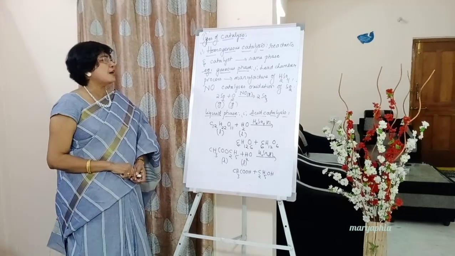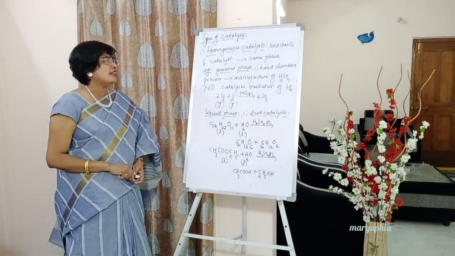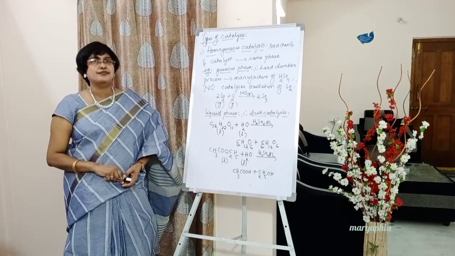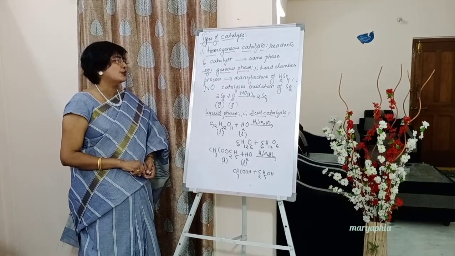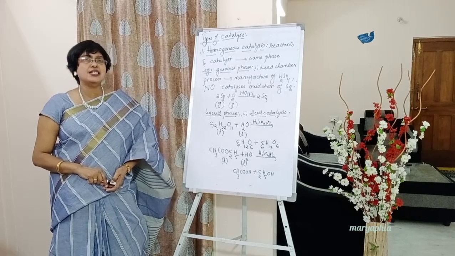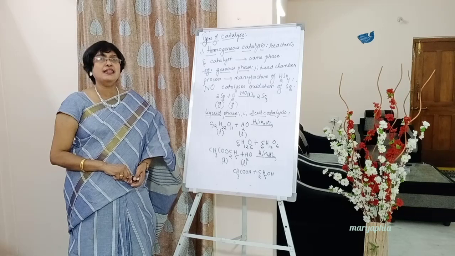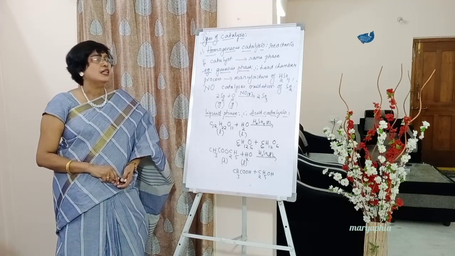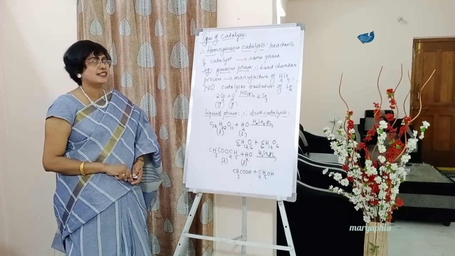In this lead chamber process, NO, that is nitric oxide, catalyzes oxidation of sulfur dioxide. 2SO2 plus O2 gives 2SO3. So oxidation of sulfur dioxide, which we come across in the manufacture of sulfuric acid, that too lead chamber process, where NO acts as a catalyst.